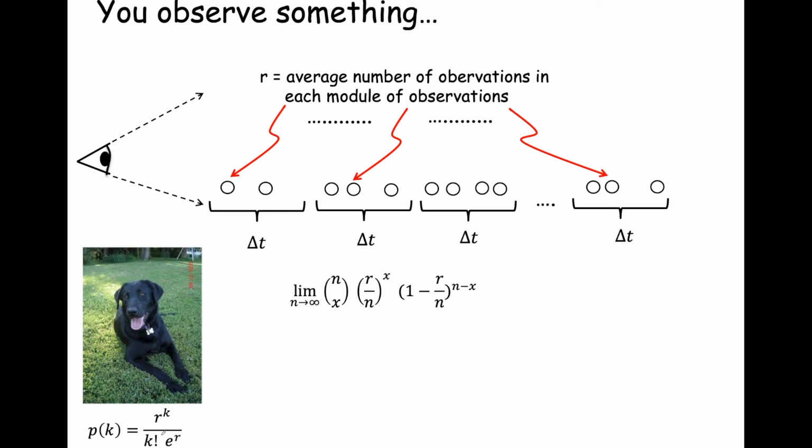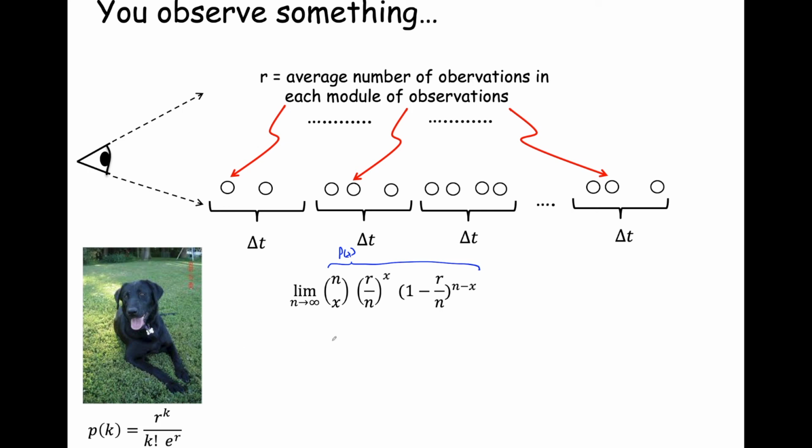Okay, so we have this limit, and I've rewritten this limit, and this expression is for the probability p of x for the binomial distribution. And we did that substitution r upon n for p, and we let n go to infinity. And so now the result of this limit, as n goes to infinity, is going to be the probability mass function, or the PMF, for the Poisson.